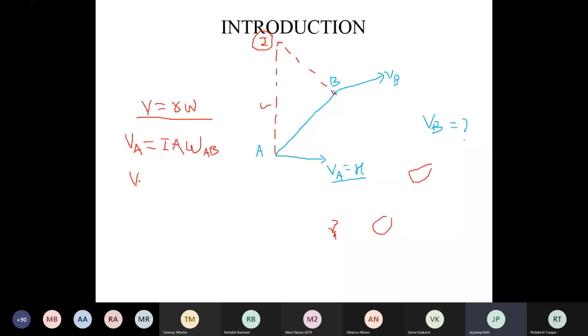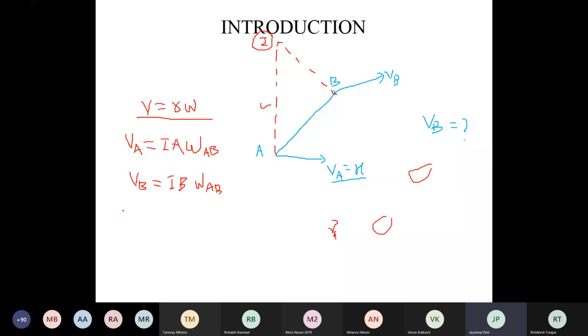Now how will we find the same velocity of B? Velocity of B is equal to radius, which will be IB, into omega AB, the same. Correct?